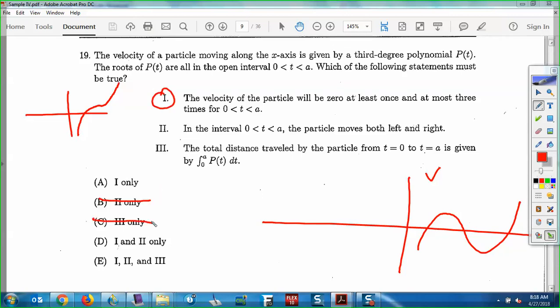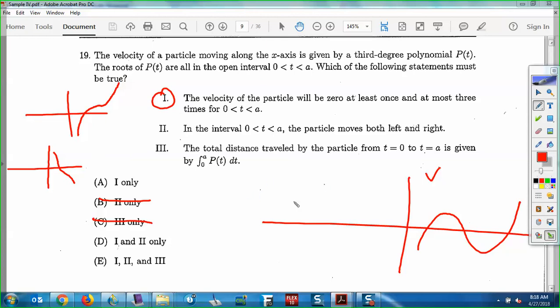So we've eliminated those. Okay, in the interval 0 to a, the particle moves both left and right. I would say that's got to be true, isn't it? I mean, that velocity curve's got to cross one time. Could it just touch?